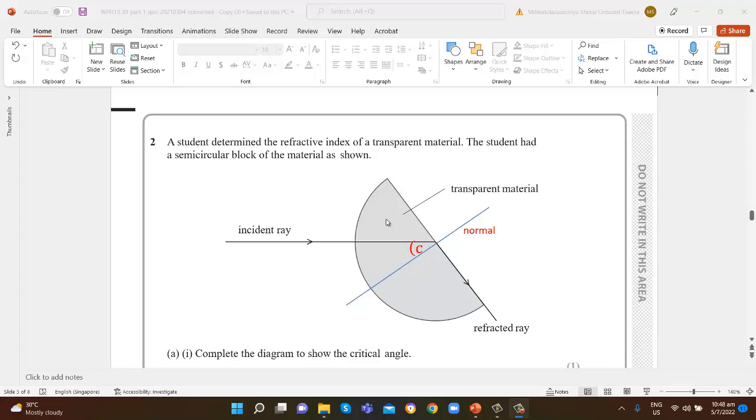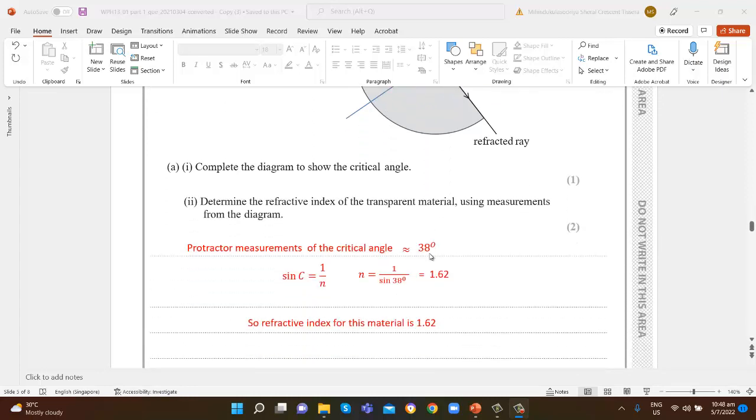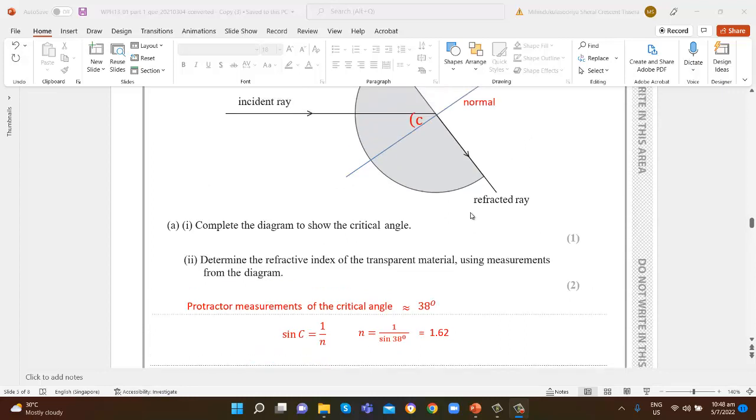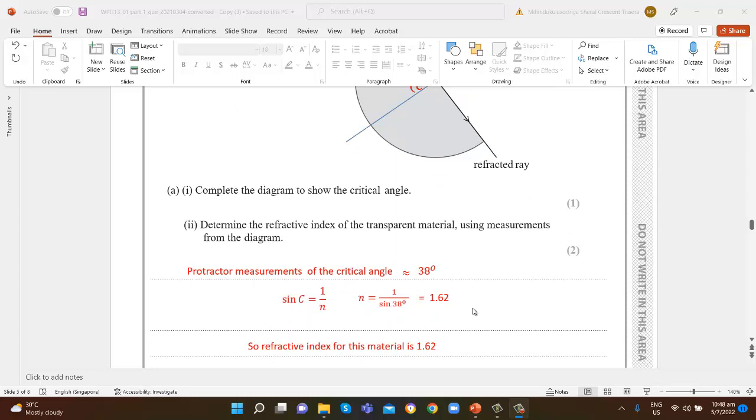Okay. So refractive index. You know the formula? When you know the critical angle, refractive index is 1 over sin C, equals 1 over n. So the refractive index is going to be 1 over sin 38.